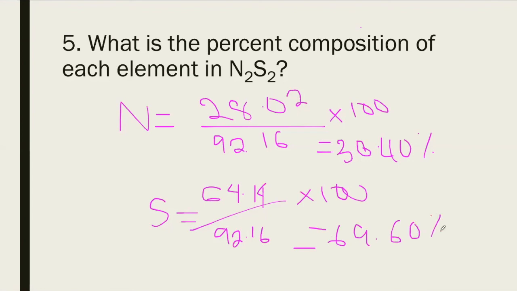So the percent composition of nitrogen is 30.40%, and the percent composition of sulfur is 69.60%.